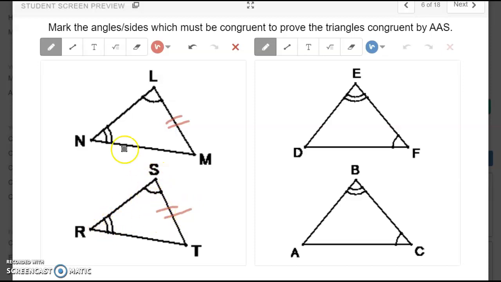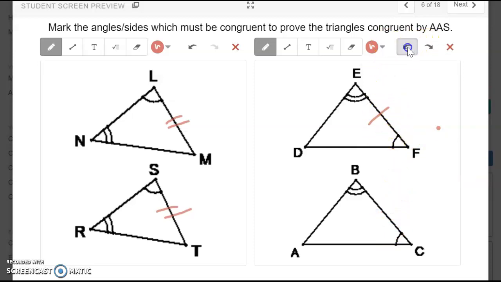Okay, so depending on which direction, I could have chosen this side to be congruent or this side to be congruent. What about this? Same thing. I could have chosen this side to be congruent, these two pairs to be congruent, or I could have chosen these two sides to be congruent. Oh, no, that would be included.